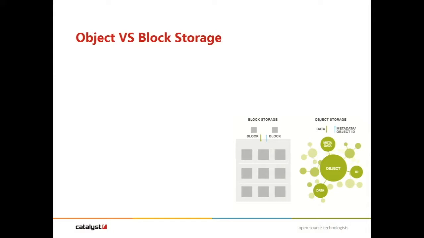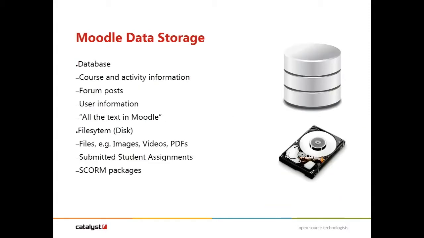Okay, it doesn't. So the difference between object and block storage, mostly, I think, can be boiled down to this: object storage is entire documents, and block storage is individual parts of files. So if I go back to this slide, we could see that perhaps our database probably works better on block storage, and our documents are probably better stored on object storage.